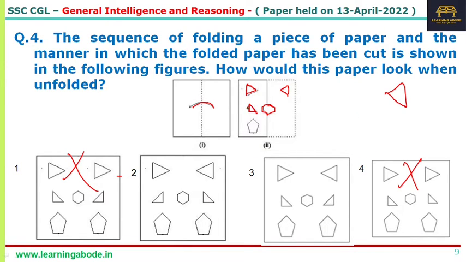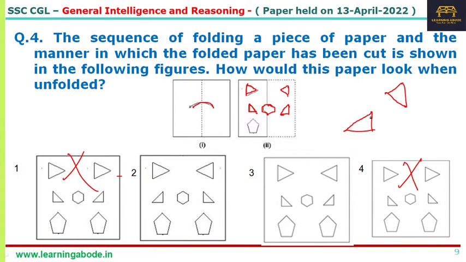Now this right angle triangle. See, in the mirror image, what is on the left will come to your right, and vice versa. What is on the right will come to your left. So this hypotenuse will come like this, and then you have the other lines.